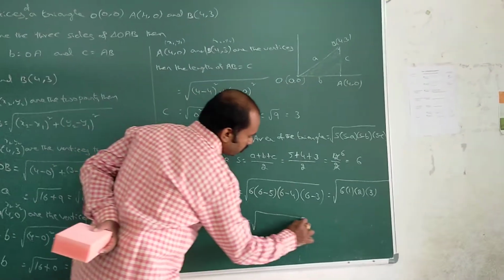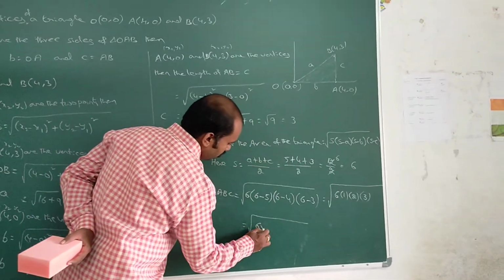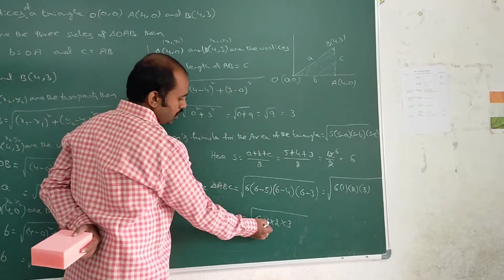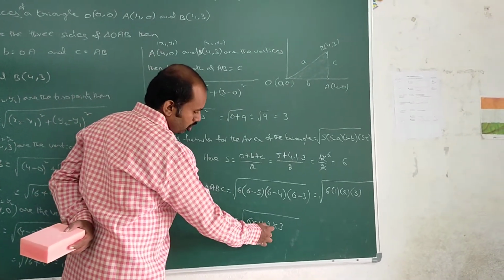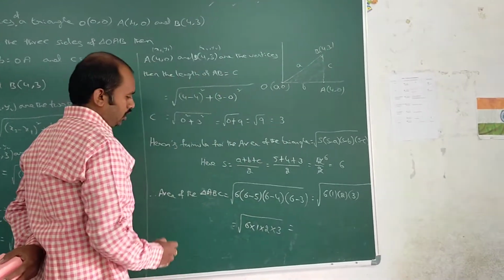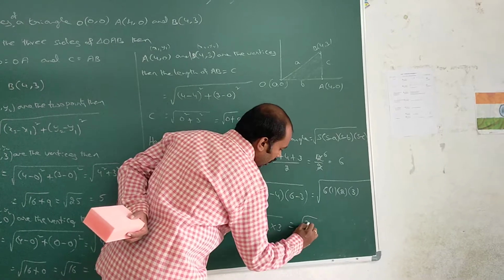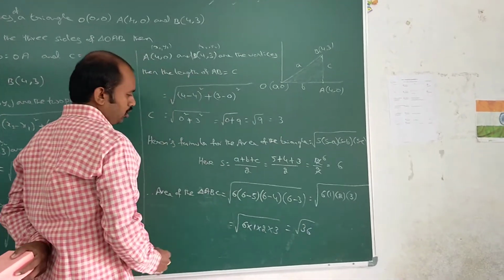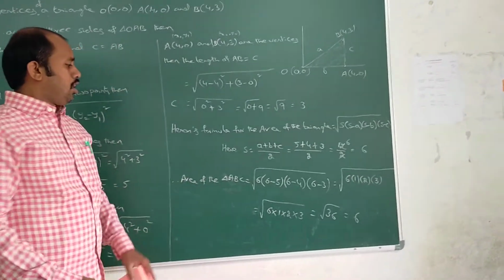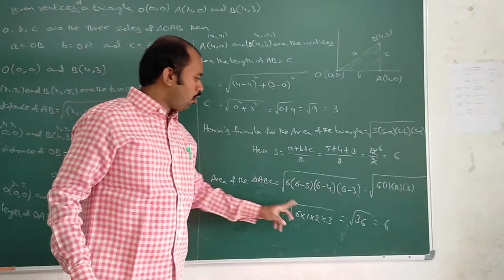Multiply the 4 terms: 6 into 1 into 2 into 3. 6 times 1 is 6, 6 times 2 is 12, 12 times 3 is 36. So you write root 36. Root 36 means you get 6. Area of the triangle is how much you get?